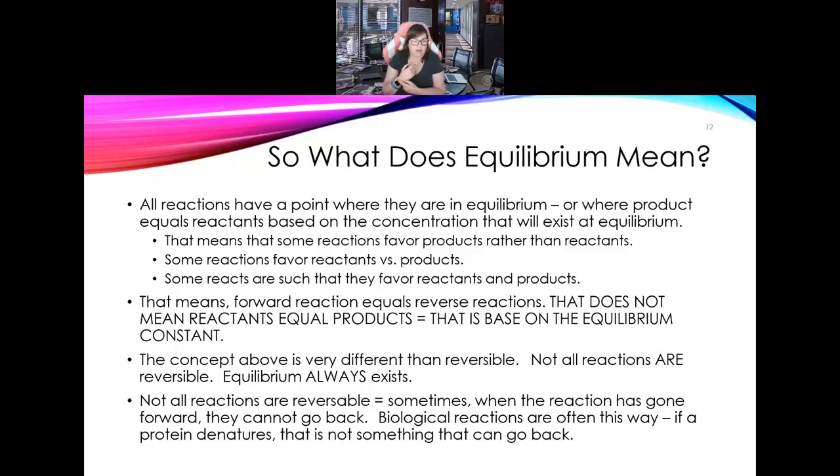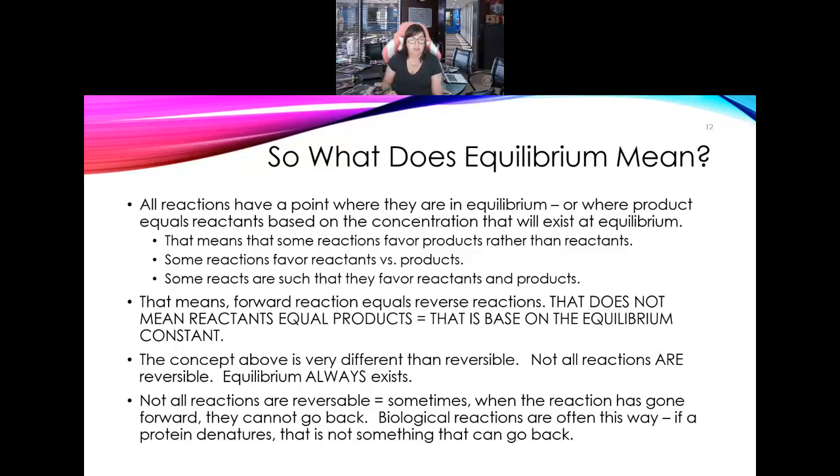So, again, that concept, even though there may be entirely product or entirely reactant, in which case the K is undefined and we don't talk about it, there always is equilibrium. And that equilibrium means that I have things moving forward and backward at the same rate. And that means that I have no net change of product concentration or reactant concentration.